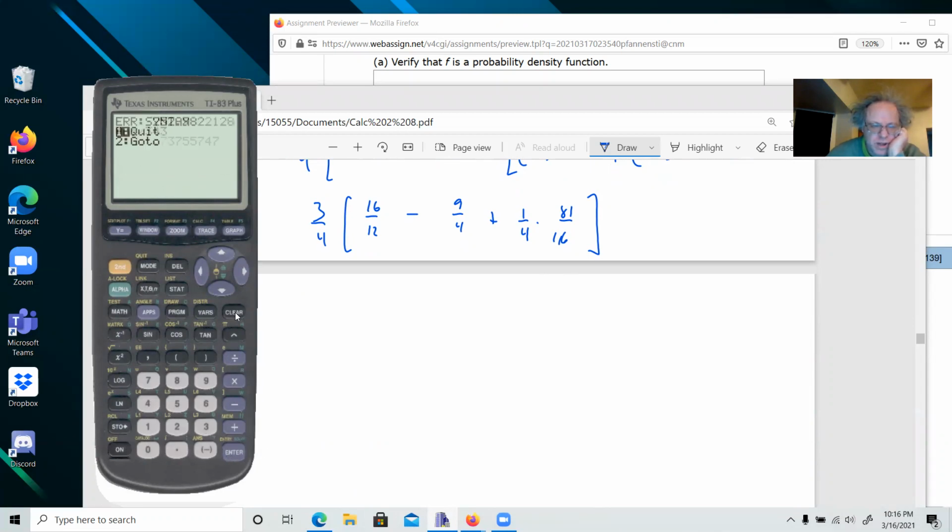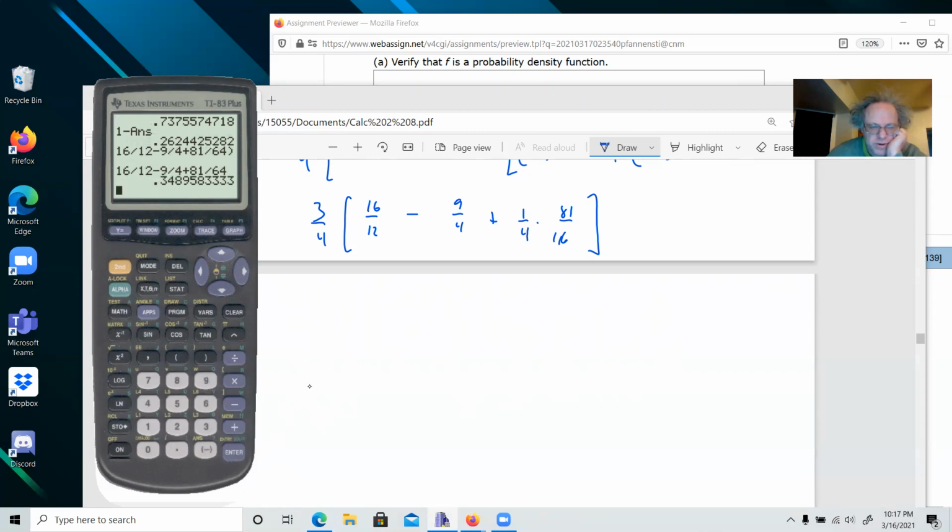Equals. Oh, what happened? Oh, I didn't put a parentheses at the beginning. Jeez. 16 twelfths. Okay, minus 9/4 plus 81/64.